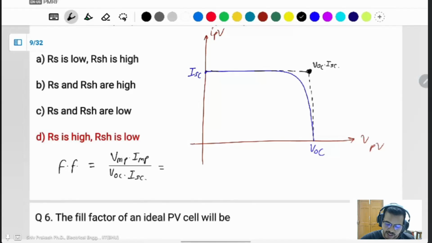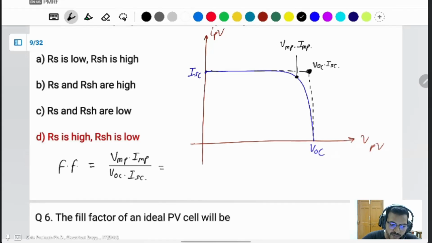If VMP is the same as VOC and IMP, the current at which the power is maximum, is the same as short circuit current, this point is the maximum voltage, and maximum power at this voltage and at this current.